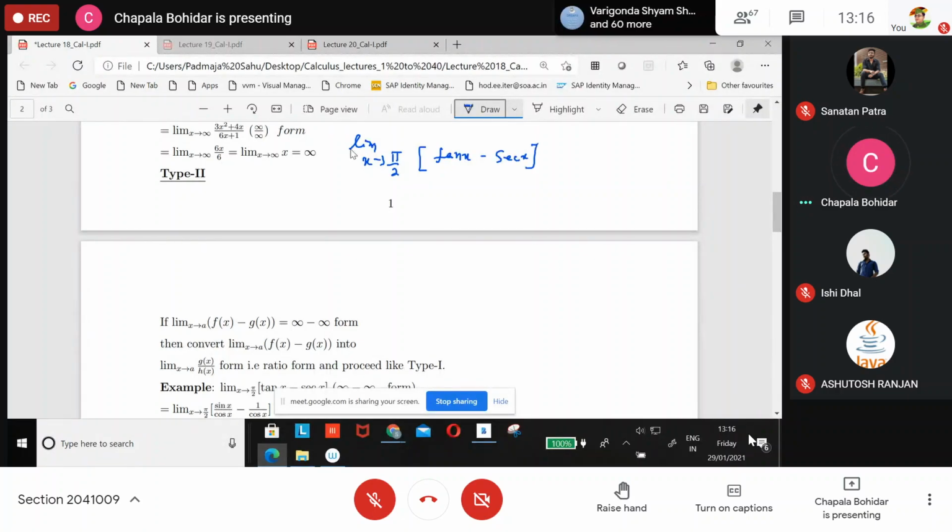Which part? It is in which form? At pi by 2, I am getting here infinity or not? Something divided by 0, 1 by 0. And it is also 1 by 0. So it is your infinity minus infinity form or not?